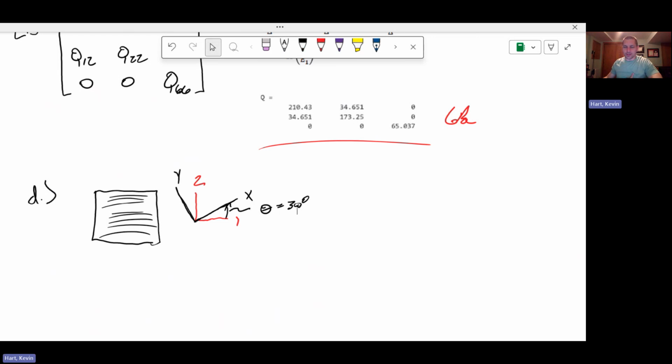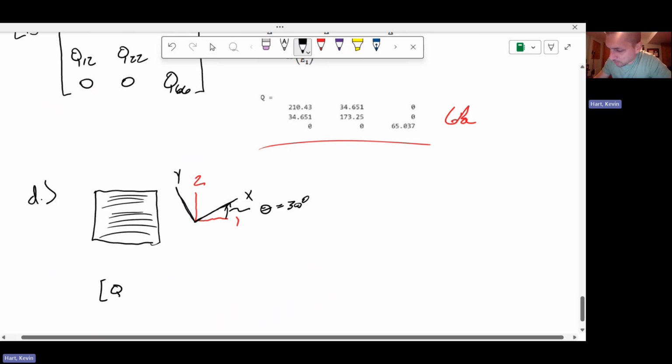That again is just a calculation that you can find in the lecture notes, in the equation sheet. It's just transforming Q from the current coordinate system to the new coordinate system. And here's the calculation for it.